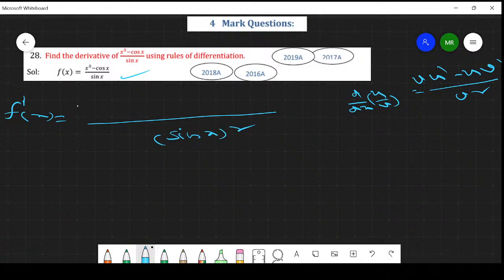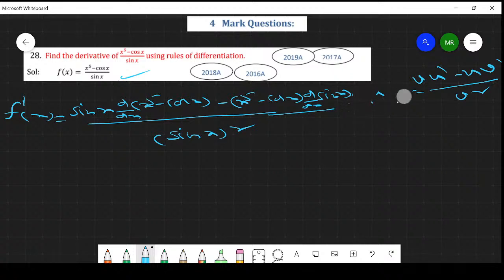In the numerator, sin x into the derivative of u, d by dx of x power 5 minus cos x, minus x power 5 minus cos x into d by dx of sin x.